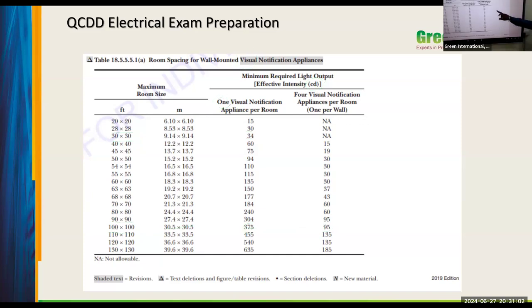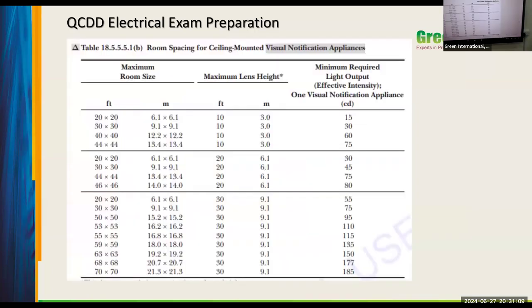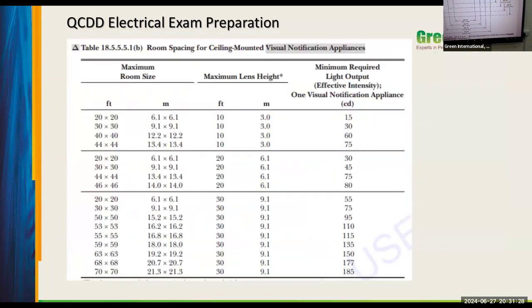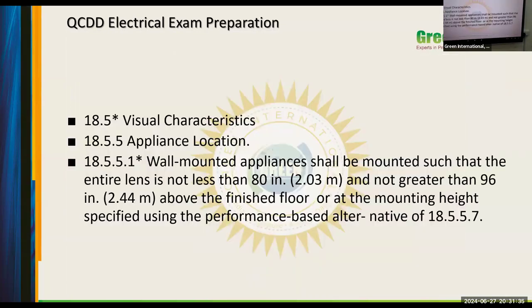So this is for the wall mounted, and this is for the ceiling. Maybe in different tables I will show that. Yes, it is visual notifications. Done.